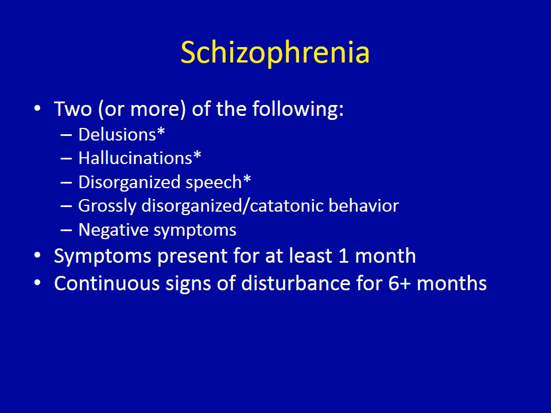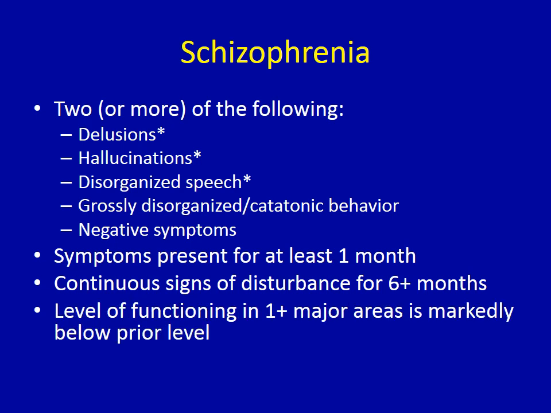In addition to the number of symptoms and the duration, we also require that the level of functioning in at least one major area has markedly declined from a previously achieved level of functioning. So for example, someone's level of educational attainment or achievement is decreased from what they had previously been attaining. Perhaps their ability to function independently.